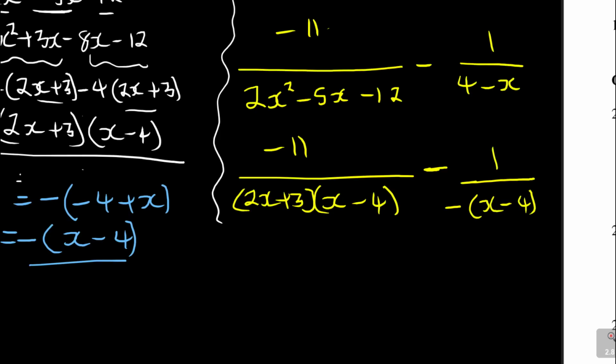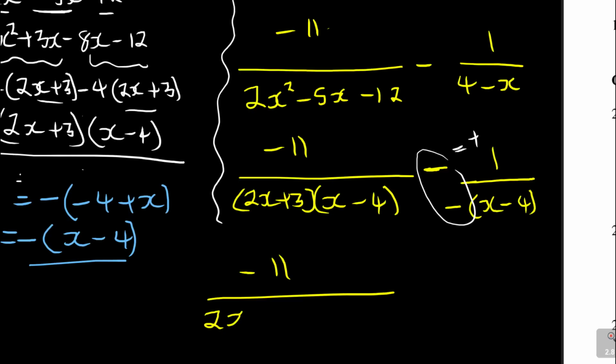It means it's a plus here. This is equal to a plus. So when you're writing it, you're going to say minus 11 over 2x plus 3, and then what you have here, x minus 4, and then plus 1 over x minus 4.